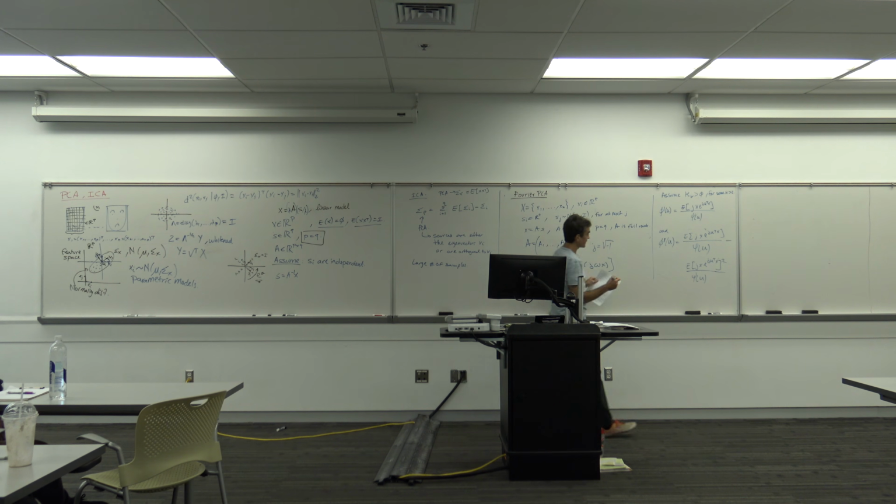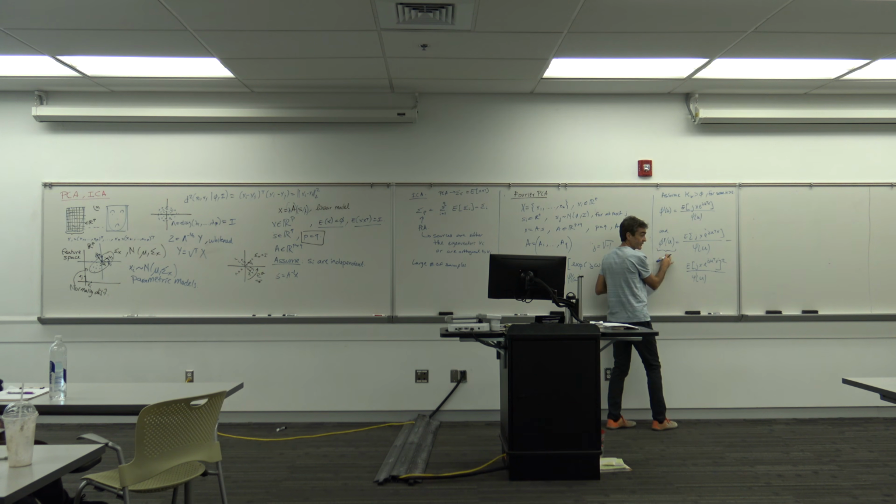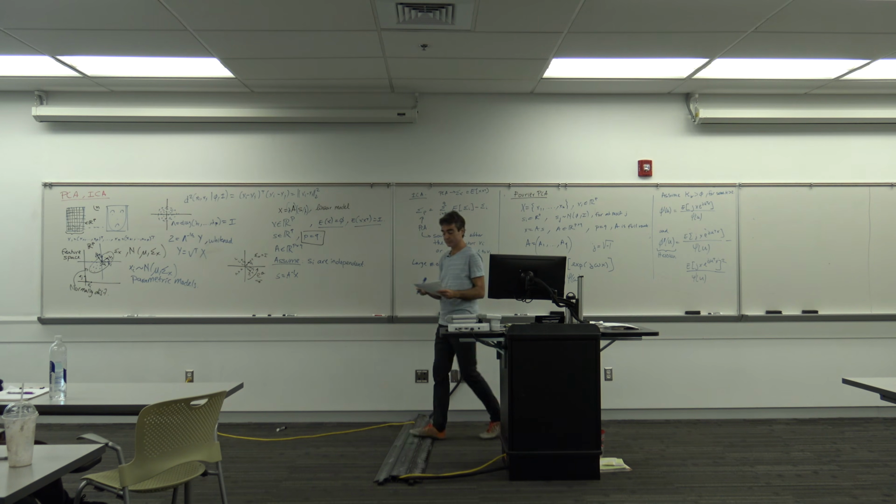So, what's this? We've already seen this. What's this? The second derivative, the Hessian, right? The second derivative. Okay.